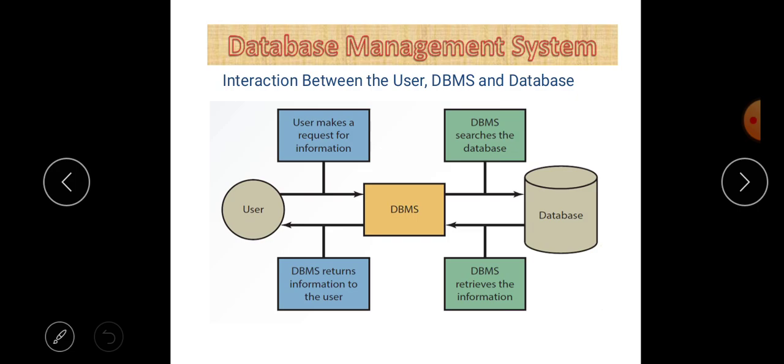And this is a diagram which shows the interaction between the user, DBMS, and a database. You can easily see here that is the user, then DBMS, and then database. The first point is the user makes a request for the information.